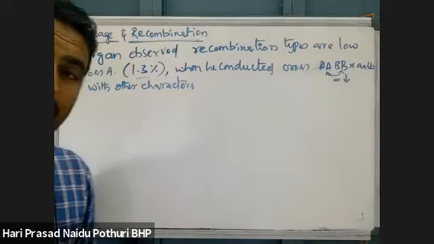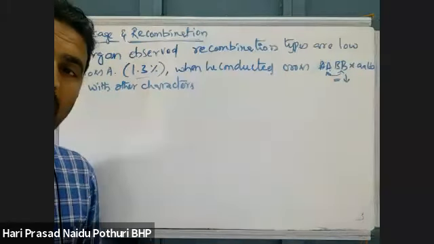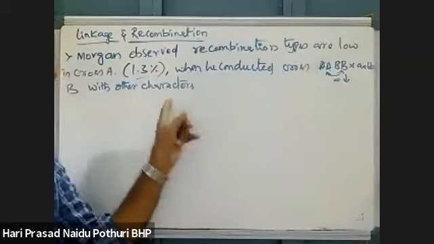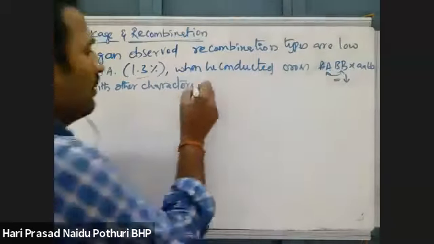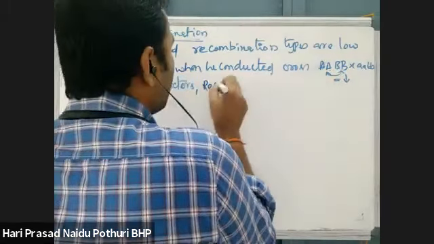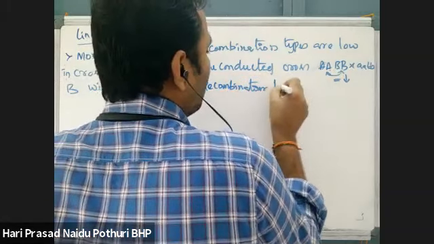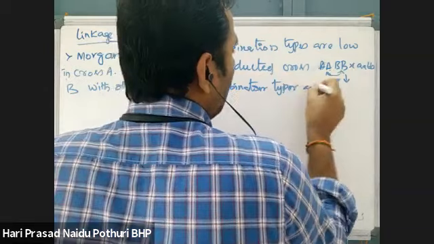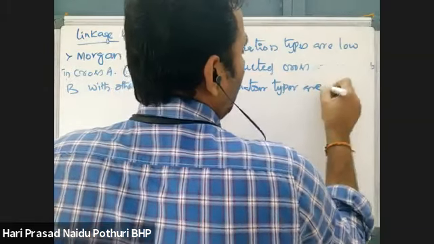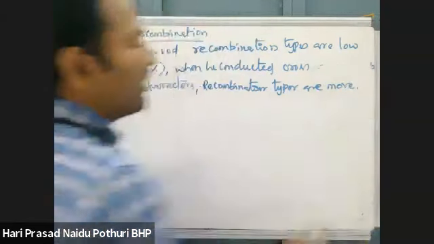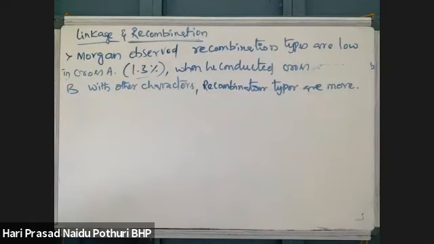Suppose wing size and body color may be another cross. When he conducted the other crosses, he found that recombination types were more, more types of recombination.